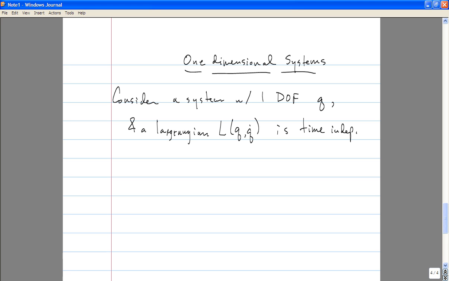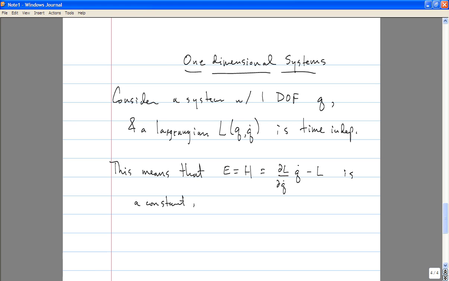So, as we learned, the fact that the Lagrangian is independent of time means that the energy, or the Hamiltonian, which was given by dL/dQ dot times Q dot minus L, is a constant. It is independent of time.